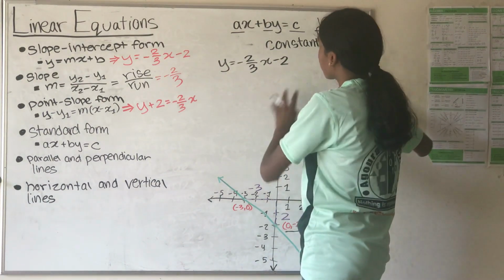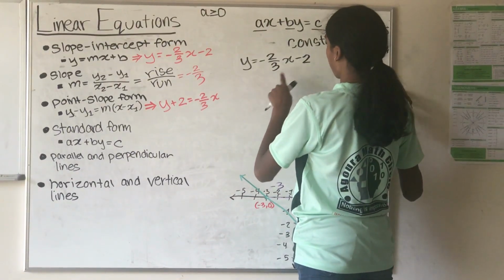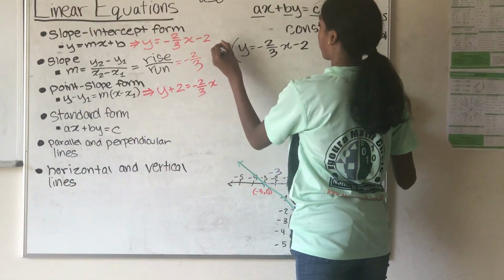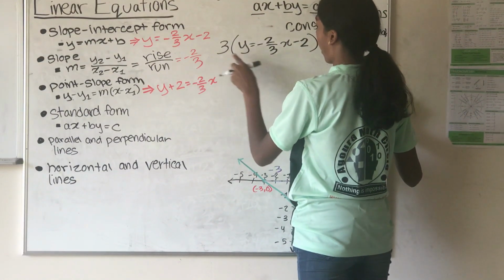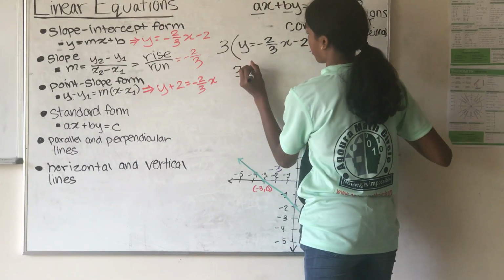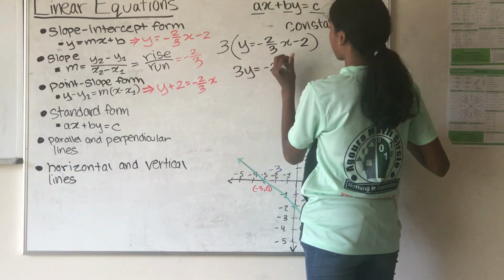Since we have a fraction right here, and we can't have any fractions, we're going to multiply this entire thing by 3. Doing so, we multiply 3 by y to get 3y. 3 times -2/3 x is going to give us -2x, and then 3 times -2 is -6.